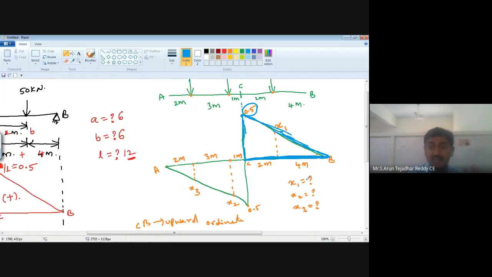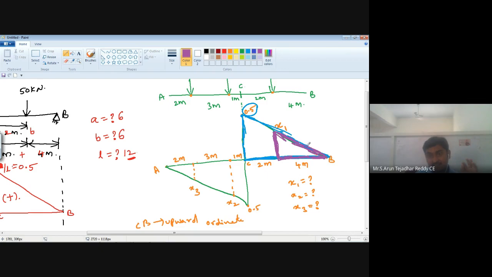Now I need the x1 value. In the x1, consider the other triangle. Observe the brinjal color. So this is the other triangle.